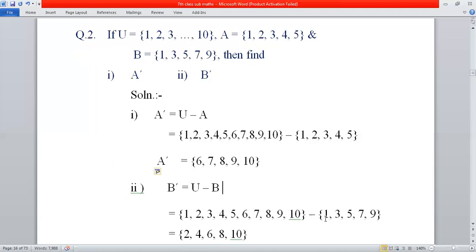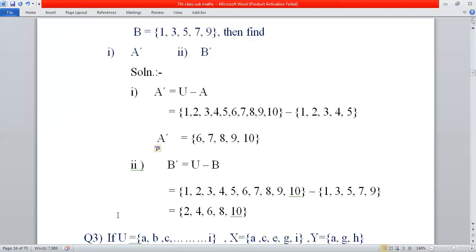1 is present in the second set, so it will be subtracted. 2 is present in the second set, no, so it will come in the answer. 3 is present in the second set, yes, it will be subtracted. 4 is present in the second set, no, it will come in the answer. 5 is present in the second set, it will be subtracted. 6 is present in the second set, no, it will come in the answer. 7 is present in the second set, it will be subtracted. 8 is present in the second set, no, it will come in the answer. 9 is present in the second set, it will be subtracted.